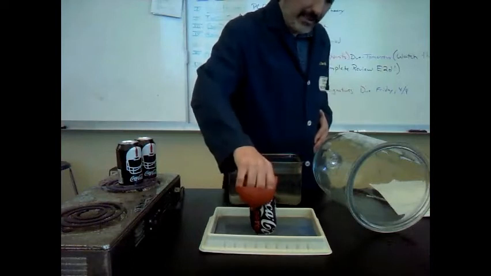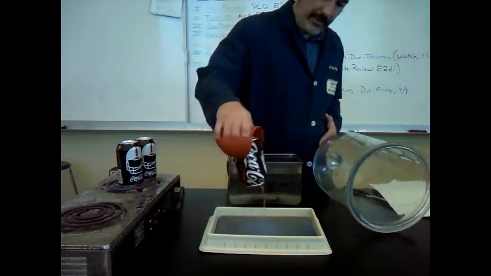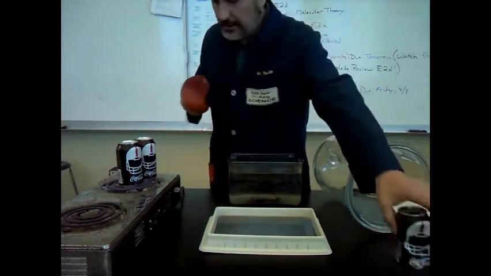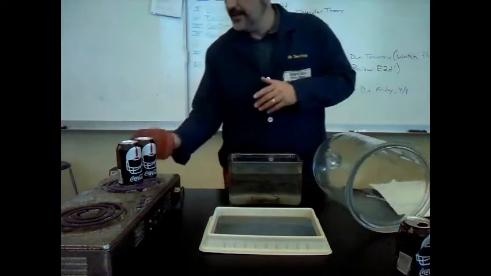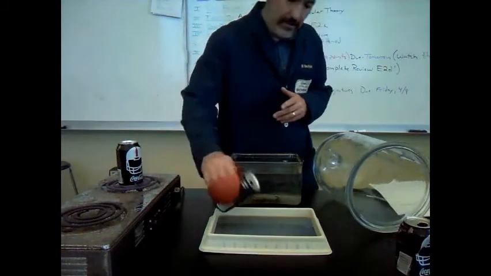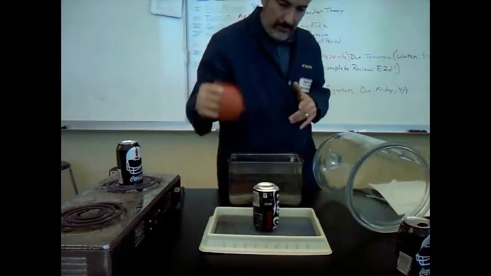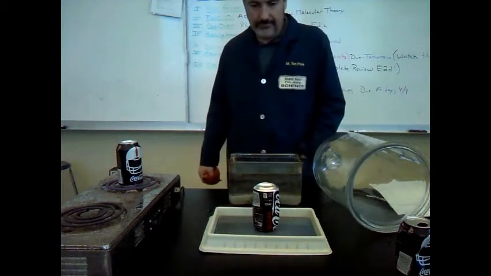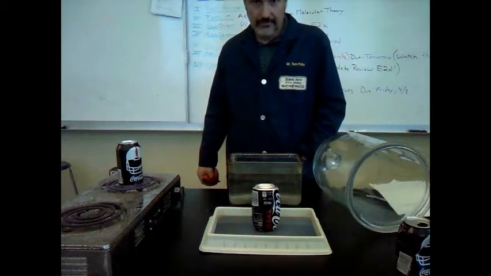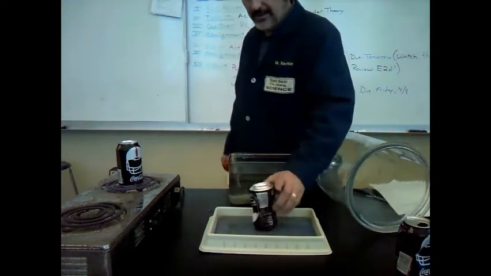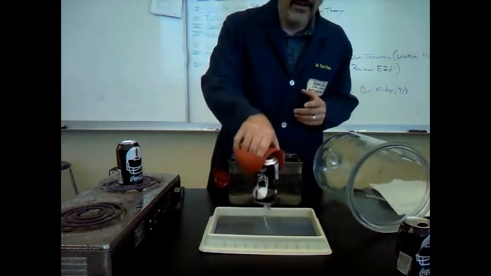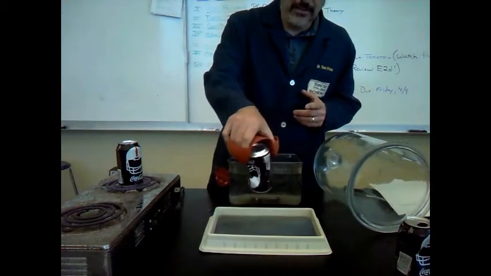And as you can see, some water got sucked in, but the can has been scrunched. I'll show you again. Get a good seal. And you can see once again the can has gotten pretty well scrunched up.